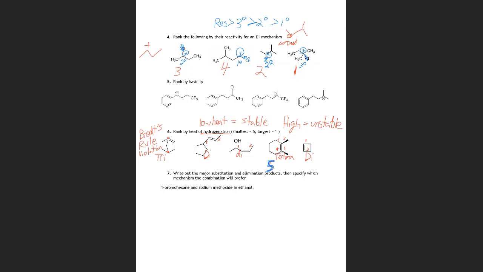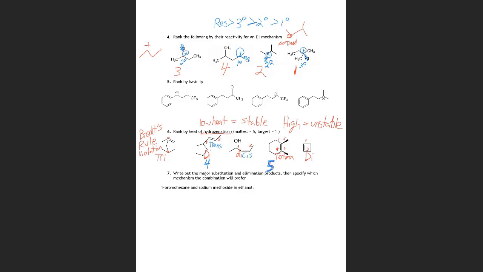So of the 3 di-substituted alkenes, this cyclobutene is the least stable. And then we compare, this one is going to be trans. This one is going to be cis. So we remember that trans is more stable than cis because we have farther apart groups. So of all of them, this one's going to be number 4 because it's the second most stable.